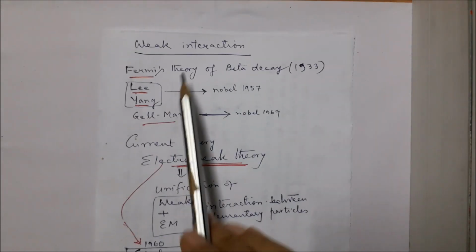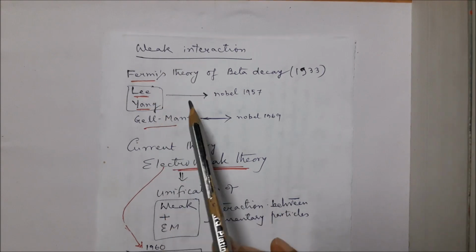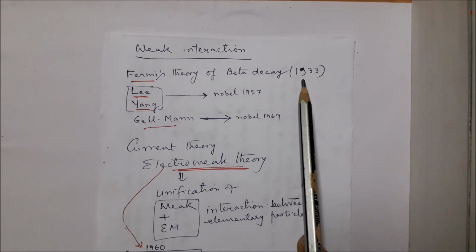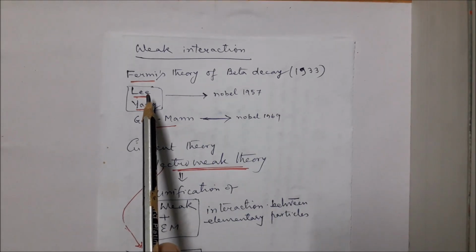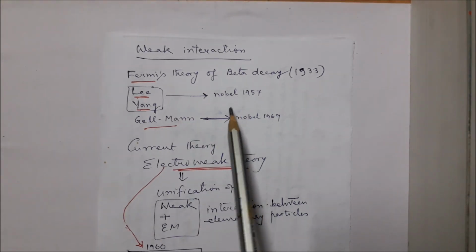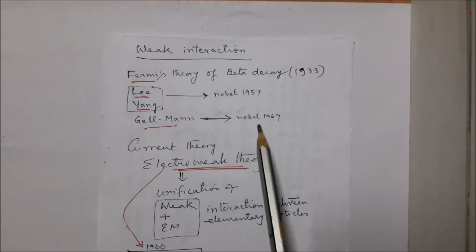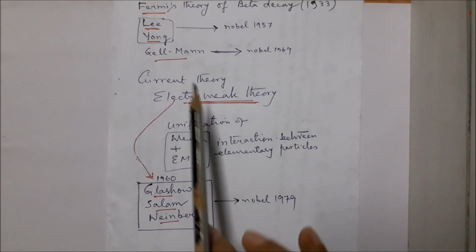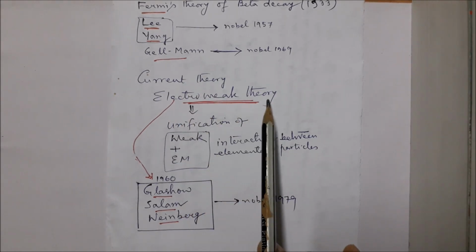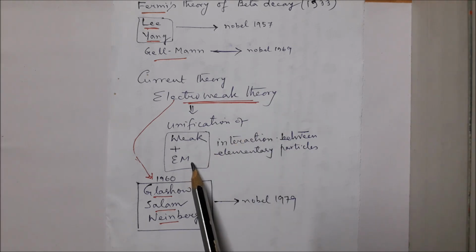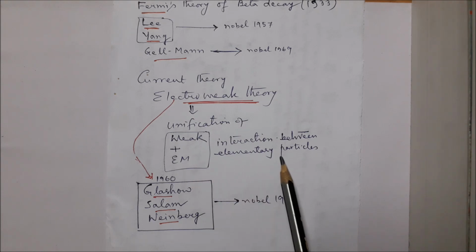The weak interaction is described by theories given by Fermi, known as Fermi's theory of beta decay, 1933, theories given by Lee and Yang, for which they got the 1957 Nobel, Gell-Mann, for which he was awarded the Nobel of 1969, and the current theory is called electroweak theory, which is a unification of weak interaction and electromagnetic interaction between elementary particles.